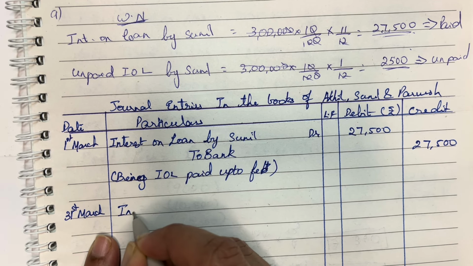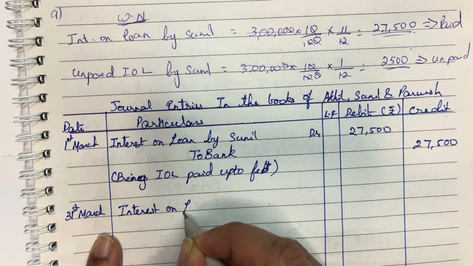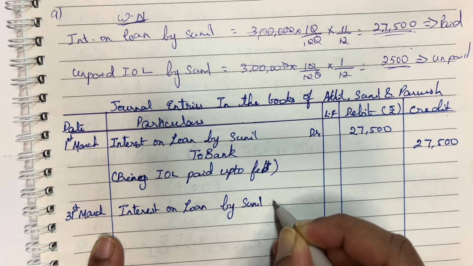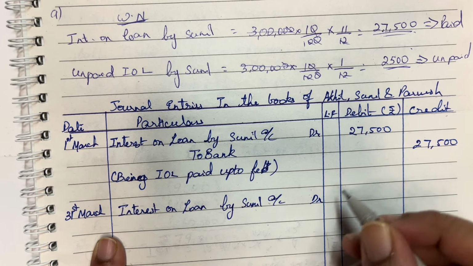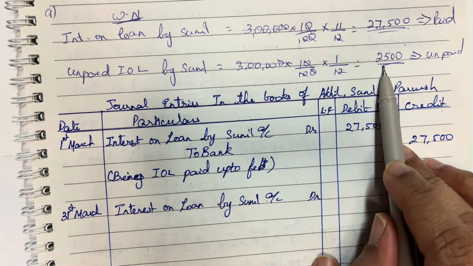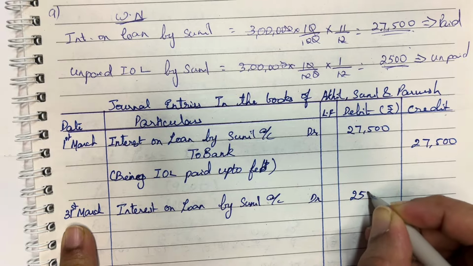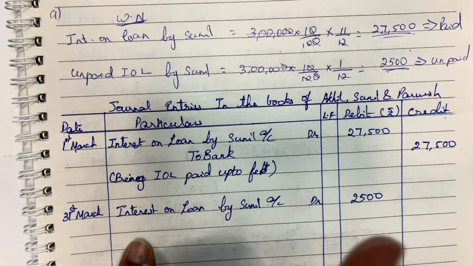Again, interest on loan by Sunil account, debit. How much is the amount? 2,500 amount the firm is giving on 31st of March. But has the firm given? No, it has not yet given this amount.